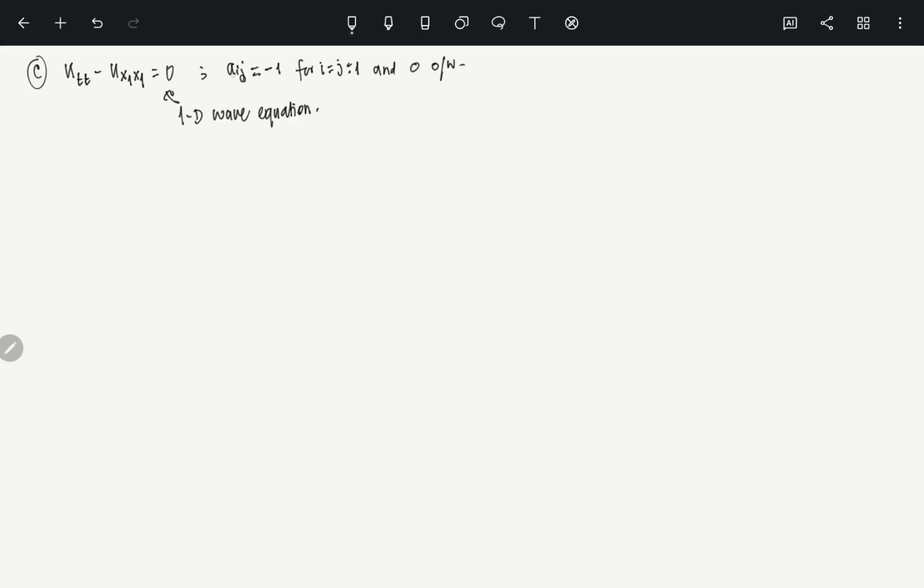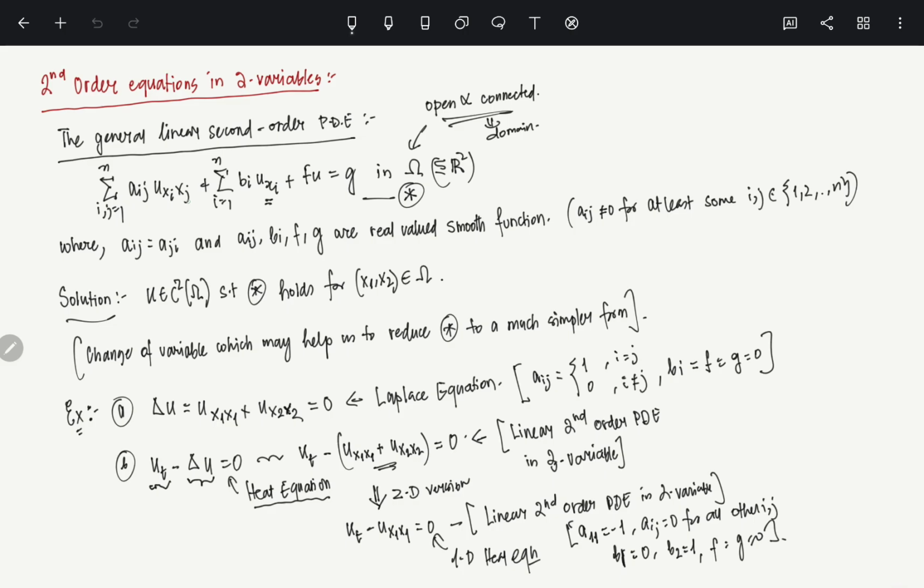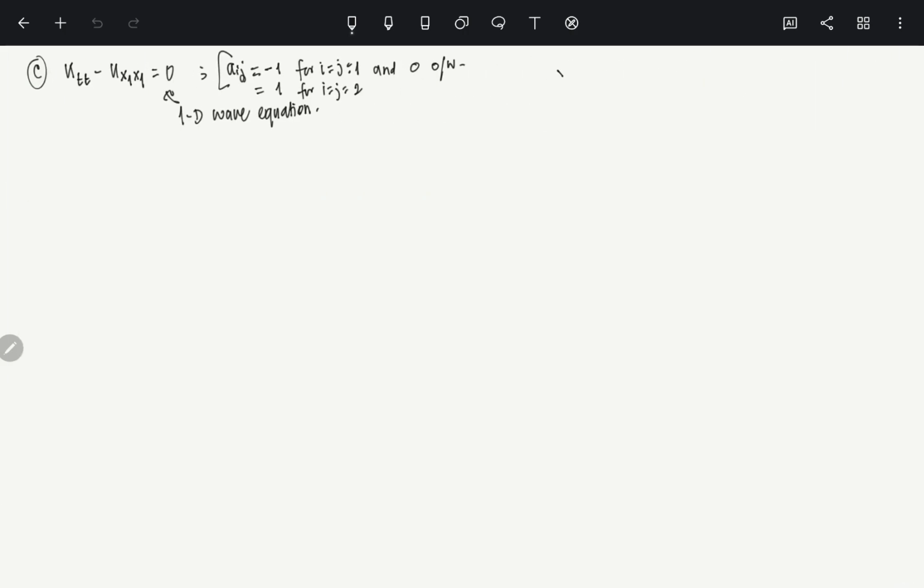Sorry, this has to be changed a little bit. AIJ equals 1 if i equals j equals 1, and this equals 1 for i equals j equals 2. Here we are writing x2 as t, and 0 otherwise, so this is fine.